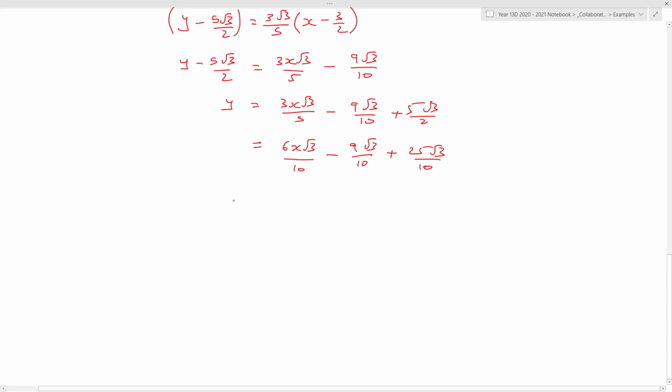Everything's over 10. So y is equal to 6x root 3 over 10 plus 25 minus 9. 25 minus 9 gives us 16 root 3 over 10.